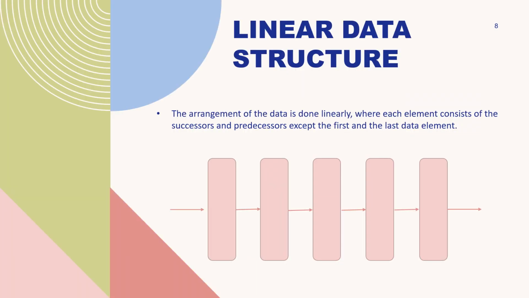First of all, we'll look at the linear data structure. In this, the arrangement of the data is done linearly, where each element has a successor and a predecessor, except the first and the last data elements. We can easily understand this by using the train example, where the train has multiple coaches or sections, all connected with each other.